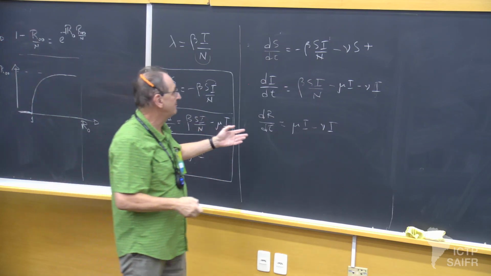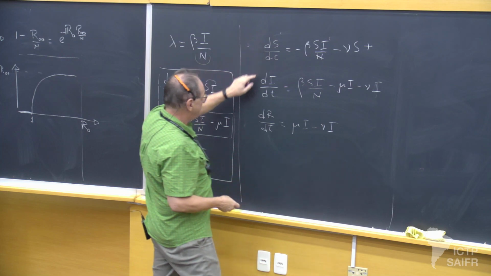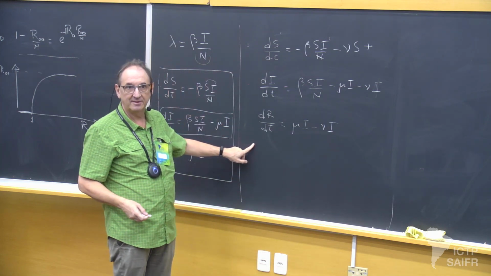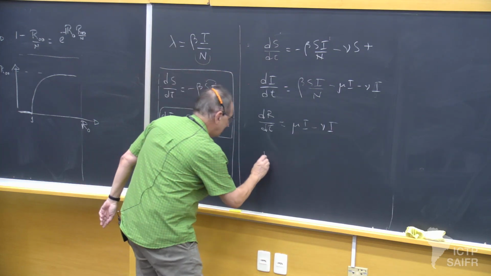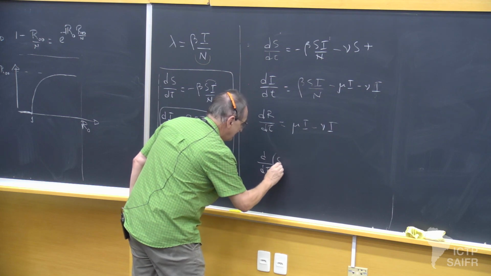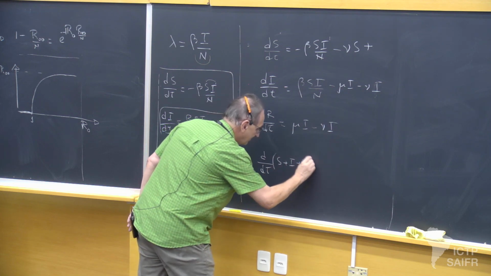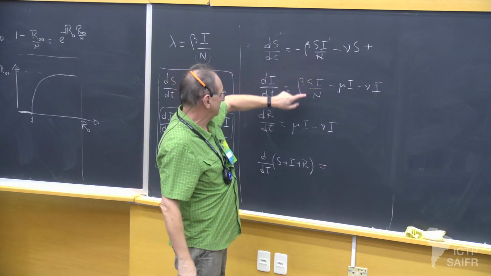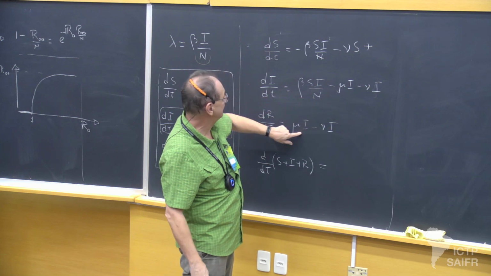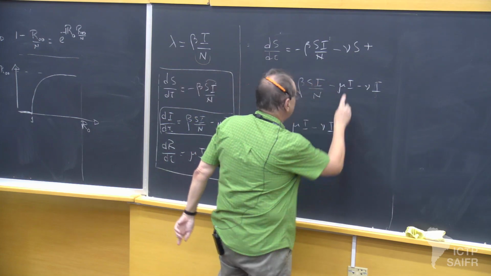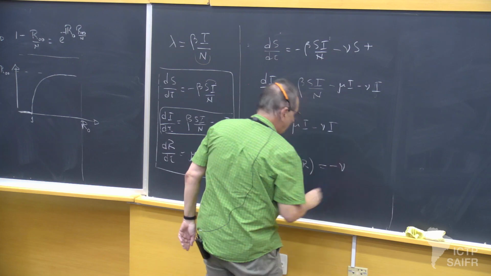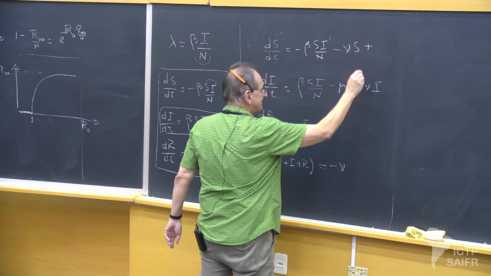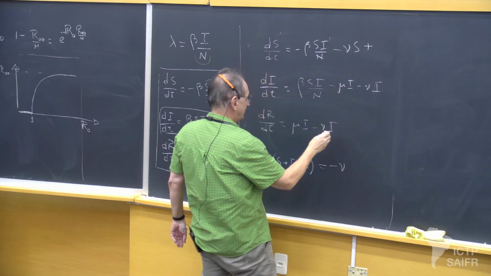They have to come to an equilibrium. If you sum up this here, d/dt of S plus I plus R, this cancels with this, cancels with this, then you have equal to minus mu times S times I times R.